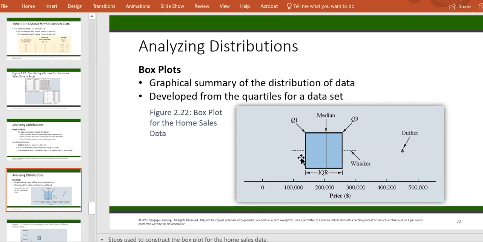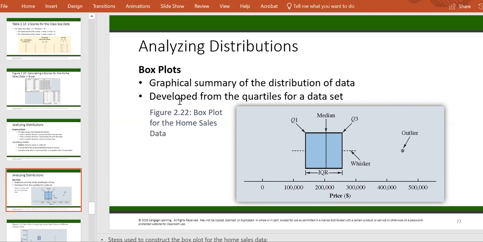So you see 25% of the observations are between the minimum and quartile one, 25% between quartile one and the median, 25% between the median and quartile three, and the last 25% between quartile three and the maximum. In case you have any outlier, it identifies it and puts it at the end, at either side. It gives you a very nice summary of the observations.